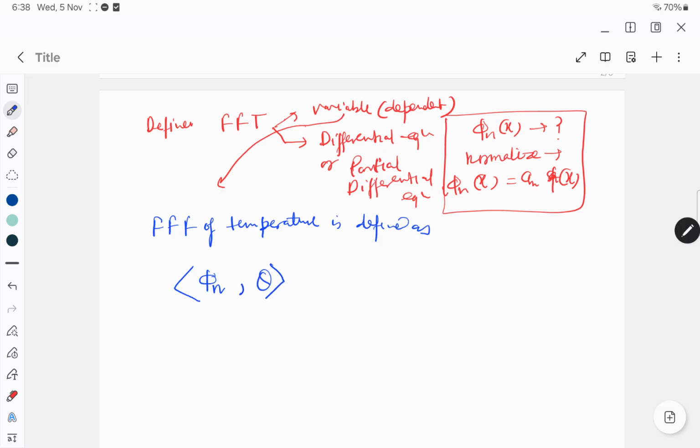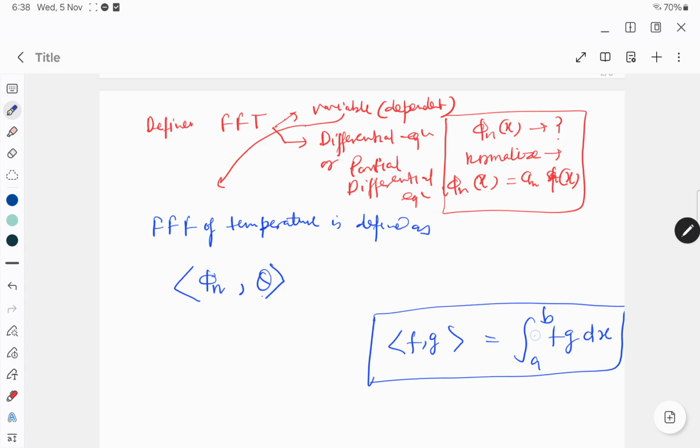This is called the inner product of theta with phi n. The inner product of f and g is defined, in general, as the integral over some range of integration of the product f g, with variable x. So this is the inner product, and sometimes some weighting function is also there.